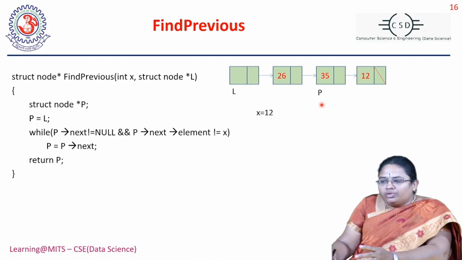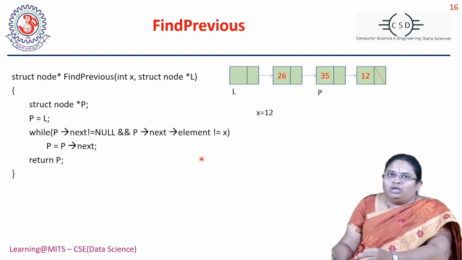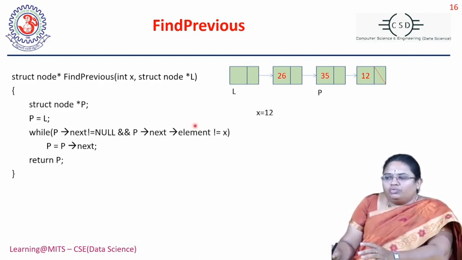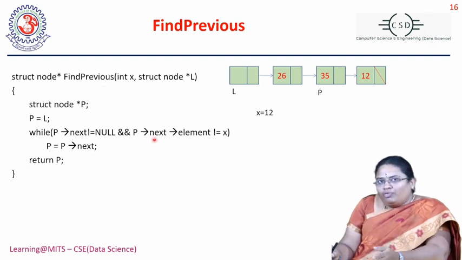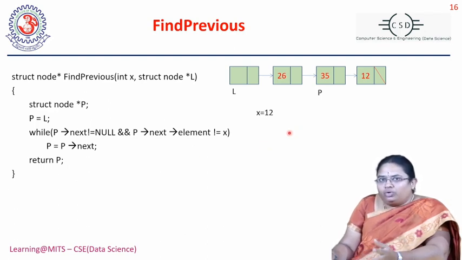Where we are using this find previous function means it is useful in performing deletion operation in between places. So for performing deletion in the middle, we need the find previous function, so we are implementing this find previous. The difference between find and find previous is, for performing the find operation, first we access that node, and from that node we check whether that node's value is equal to x or not.